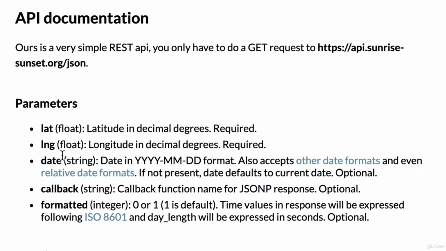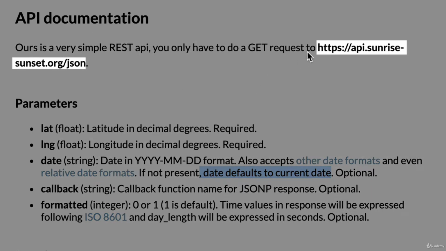For example, the date you could provide, say you wanted to know the sunrise and sunset on a particular day in the future or in the past, but you can also leave it empty and it will default to the current date. Now, the endpoint in this case is this particular URL, api.sunrise-sunset.org/JSON, but don't worry, I'll also link to this documentation in the course resources as well.